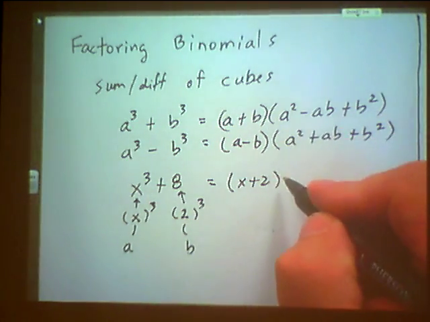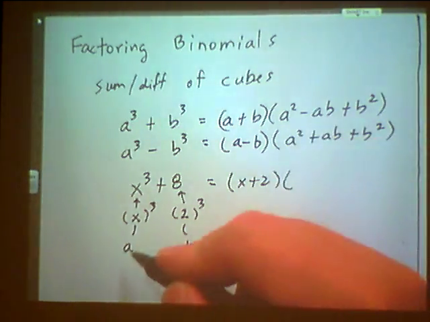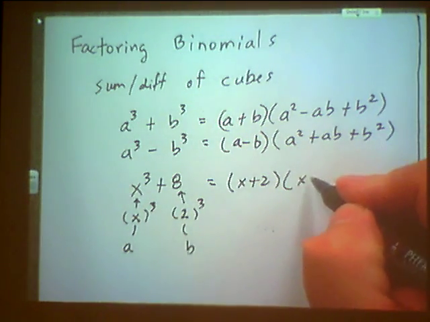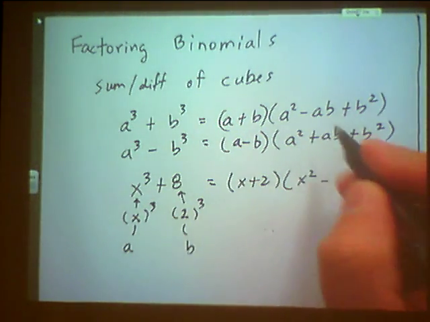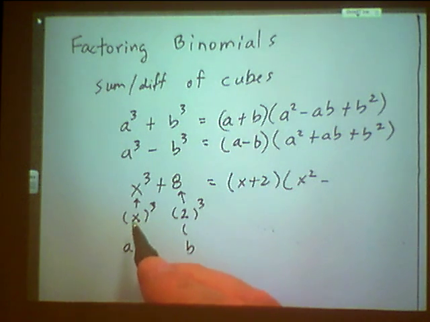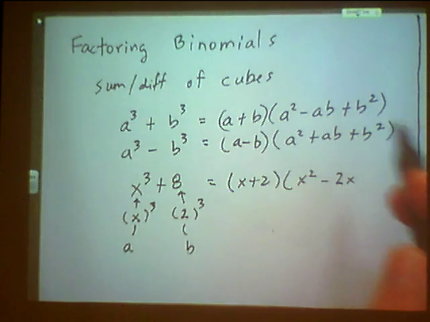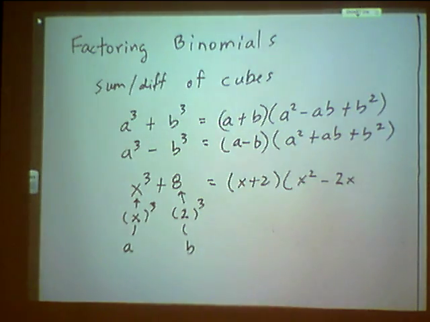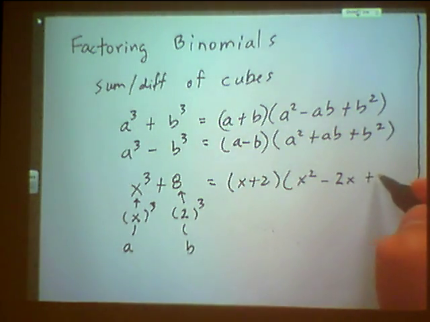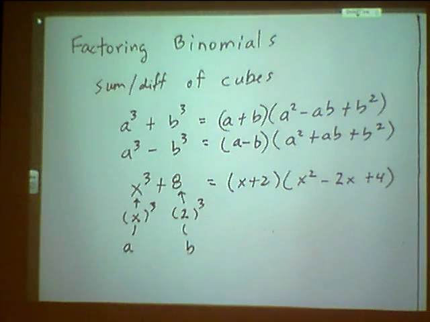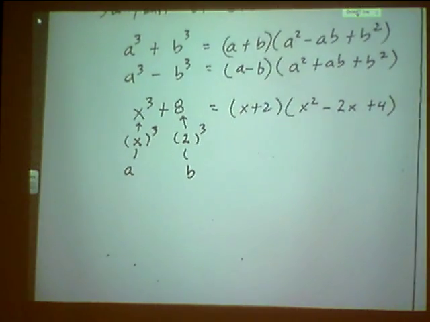And then it says parentheses a squared, which would be x squared, minus a times b, which is x times 2, or we'll just write it as 2x, plus b squared, since b is 2, 4, and now we have factored using sum of cubes. Okay, two more examples.